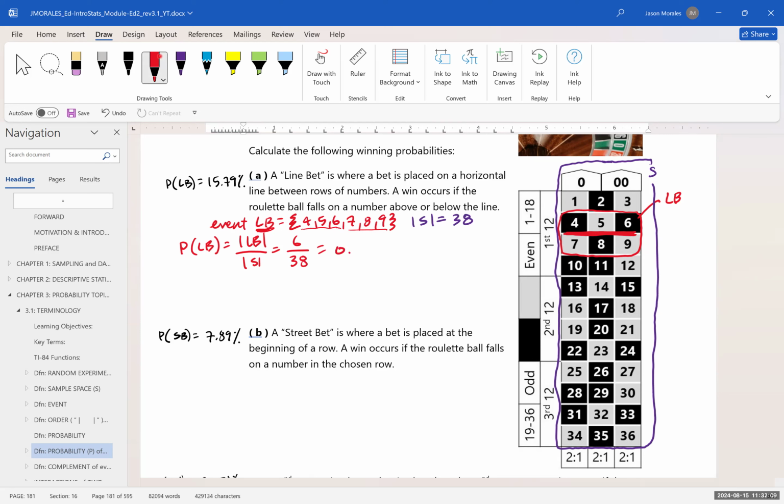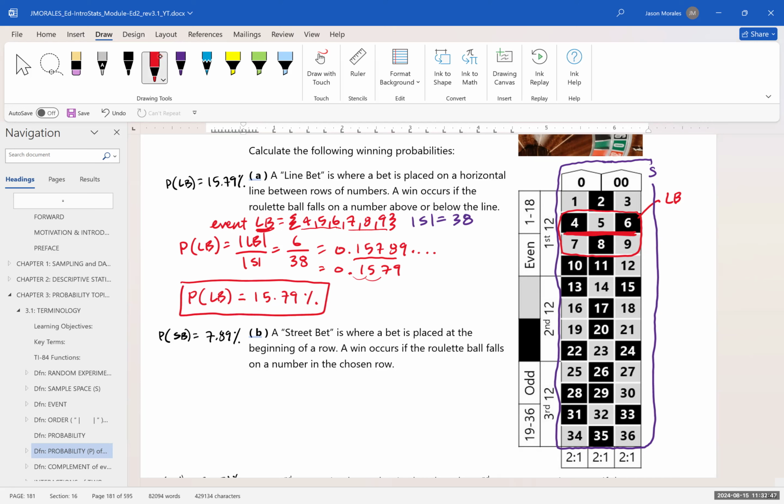It's going to be 0.15789 and some change. I'm going to round this to 4 decimal places because I want to convert this into a percentage. So that's going to give me 0.1579. And to convert this into a percent, I need to move the decimal place over 2. So the probability of getting a line bet, any line bet, is going to be 15.79%.